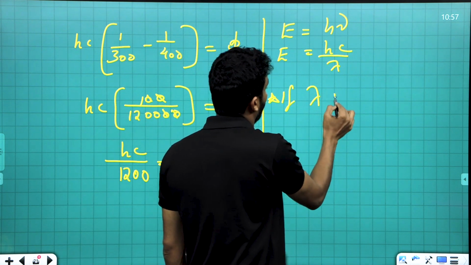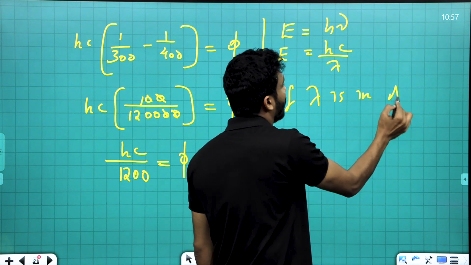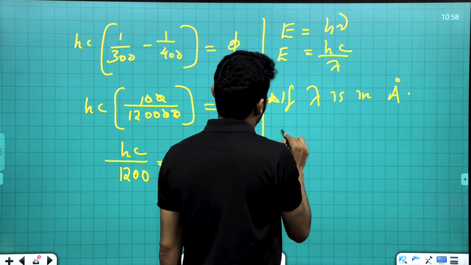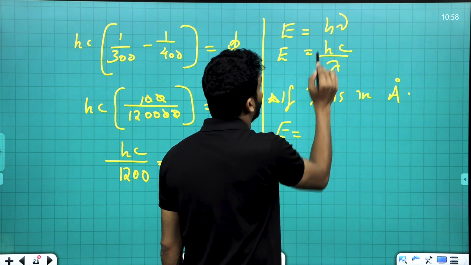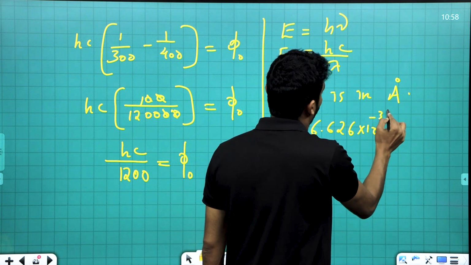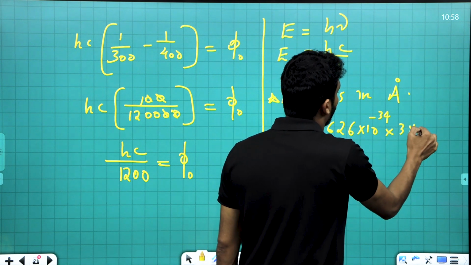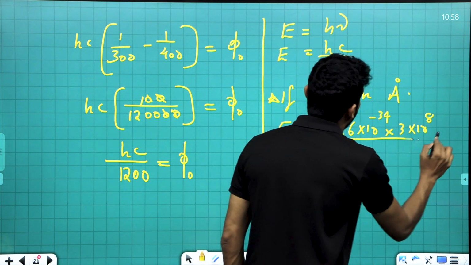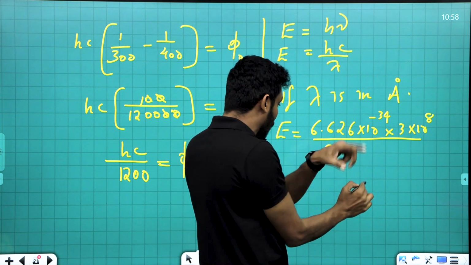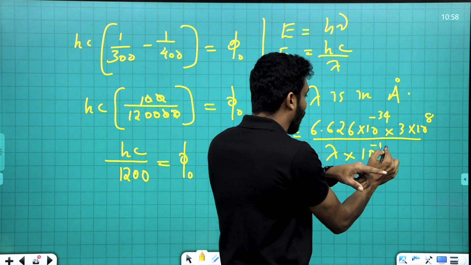If lambda is in angstrom, suppose, then the energy is equal to h is 6.626 into 10 power minus 34, c is 3 into 10 power 8, divided by lambda value in angstrom into angstrom converted into meter, 10 power minus 10.